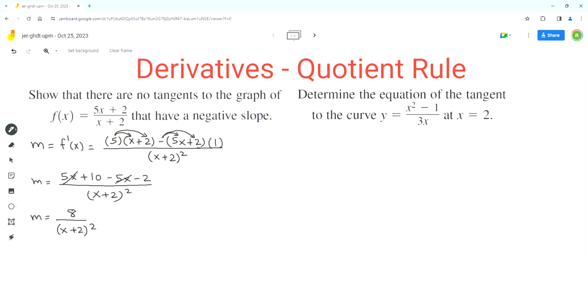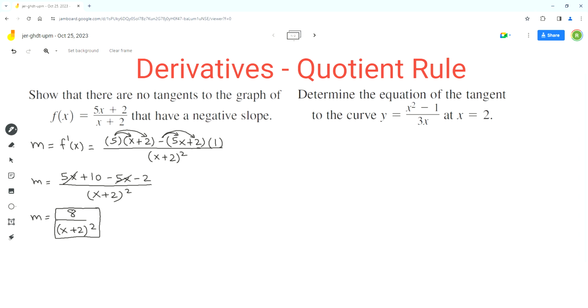So that means this expression will always have a positive value for all x values. So therefore, no tangent to the graph of this function will have a negative slope.